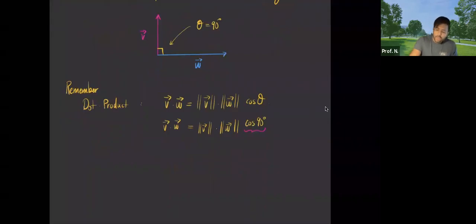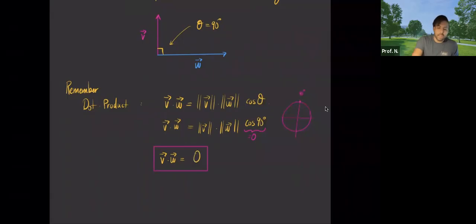If you don't remember this, you should remember the unit circle, 90 degrees. The cosine of the angle is the x coordinate. It is 0. So what does this tell me? The dot product of two perpendicular, or orthogonal, vectors is 0. That's very important, guys.